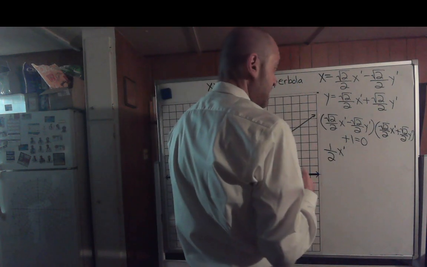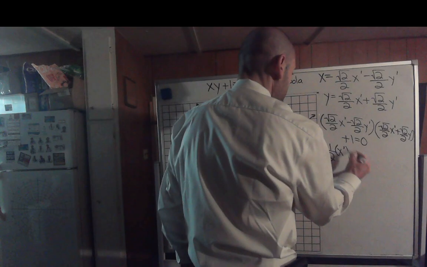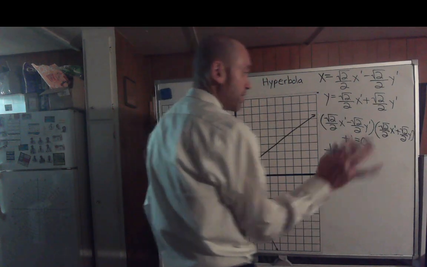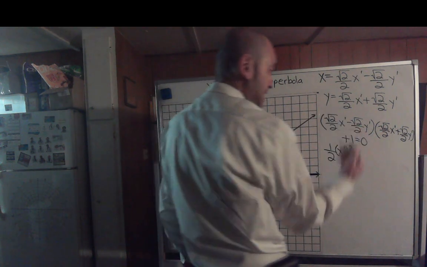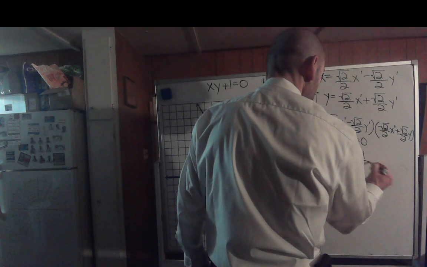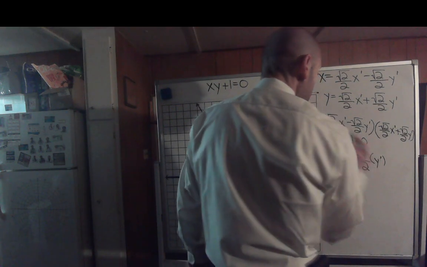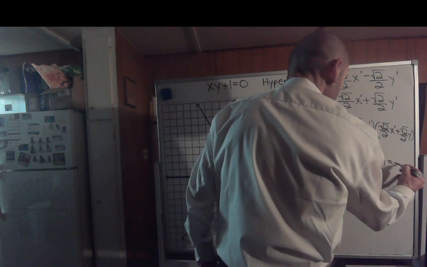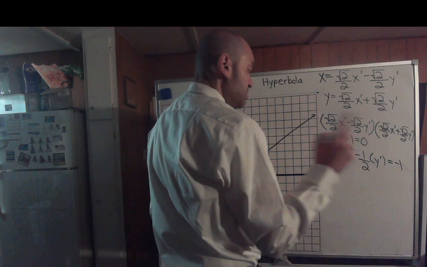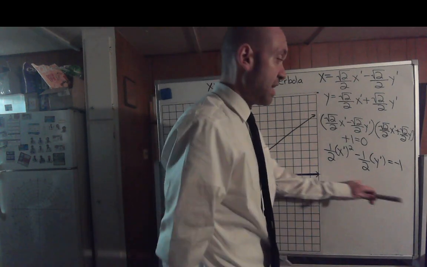Next will just be the square root of 2 over 2 y prime times square root of 2 over 2 y prime negated, that's going to end up being minus 1/2 y prime squared. And then really we should move that 1 over to the right hand side. That should equal -1.